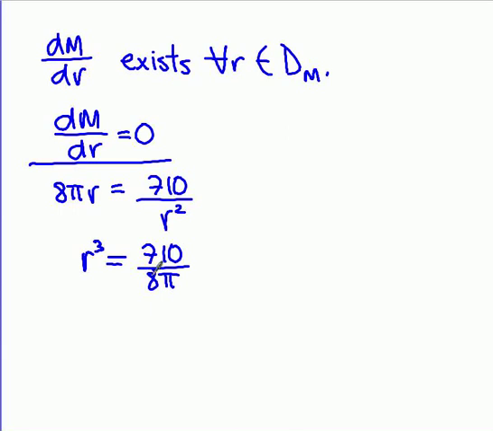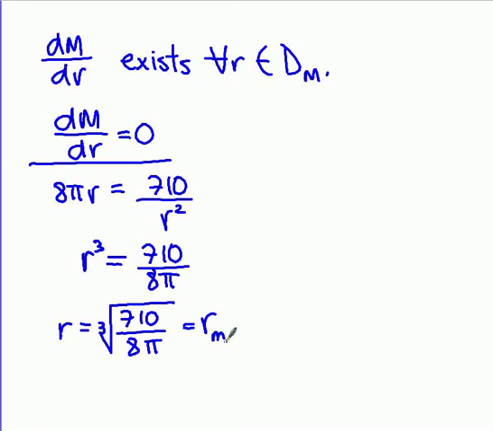And I'm left, therefore, with r equaling the cube root of 710 over 8 pi. I'm not really sure what that is. And again, I'm assuming I don't have a calculator, so I'm going to call that Rm, as in the radius that will minimize the cost of the can.